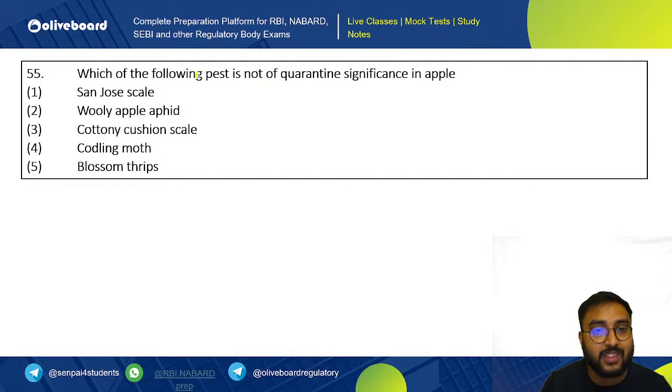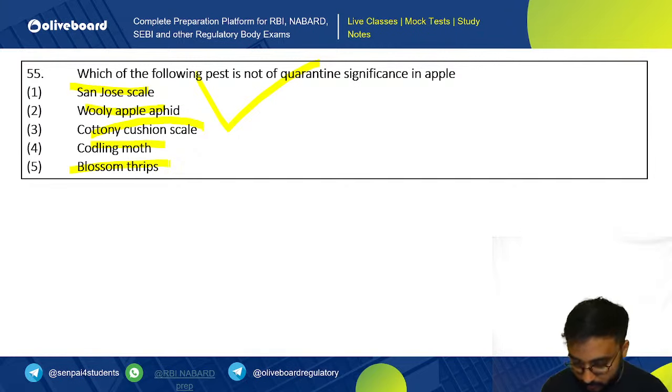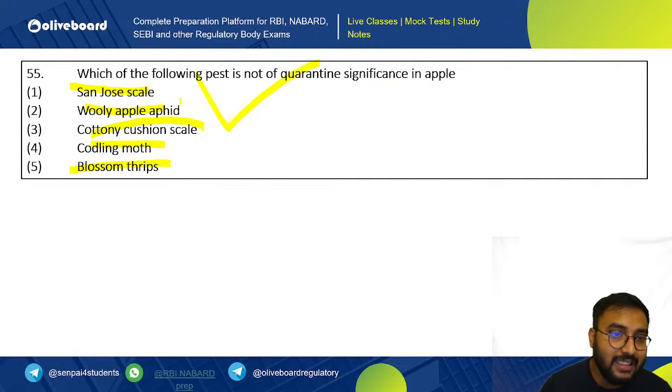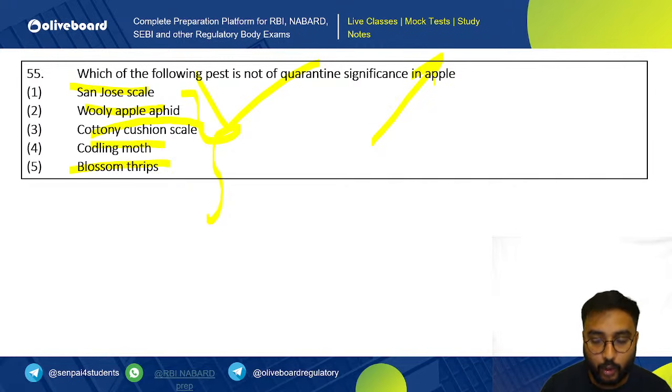Which of the following pests is not of quarantine significance in apple? San Jose scale, woolly apple aphid, cottony cushion scale, codling moth, and blossom thrips. So all these are vectors or insects or pests which attack different crops, of which we are to give the name of the quarantine significance.